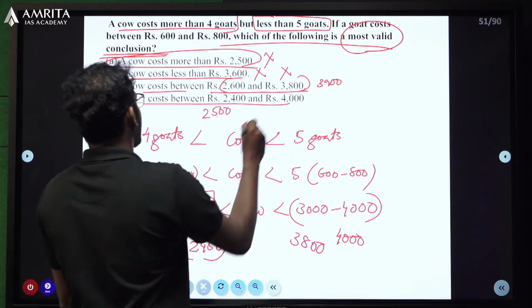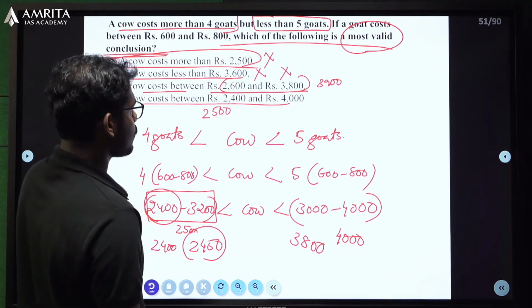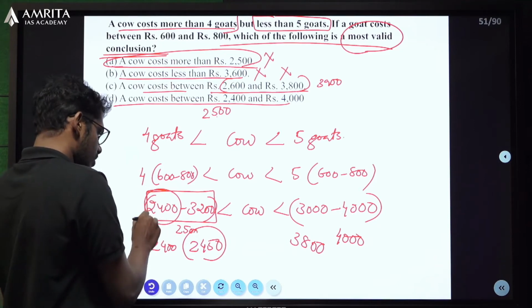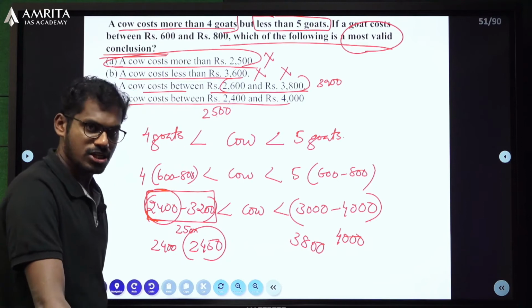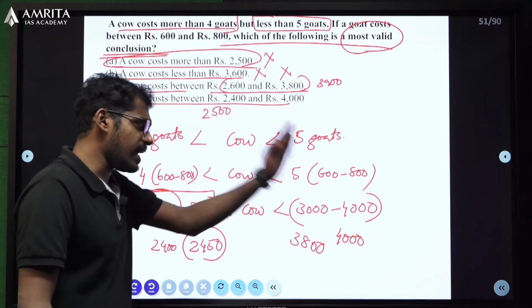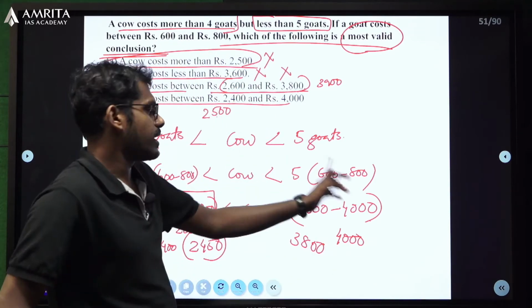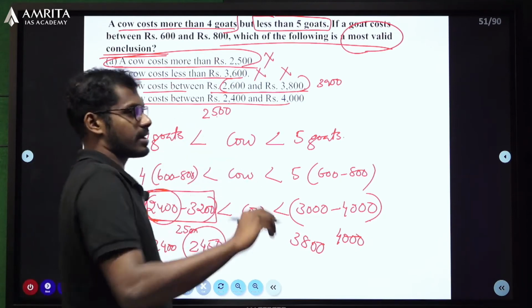Last one, a cow costs between 2400 and 4000. Yes, it is possible. The cost ranges between 2400 and 4000. It can have any value between 2400 and 4000. So it is a valid assumption and option D is the correct answer.